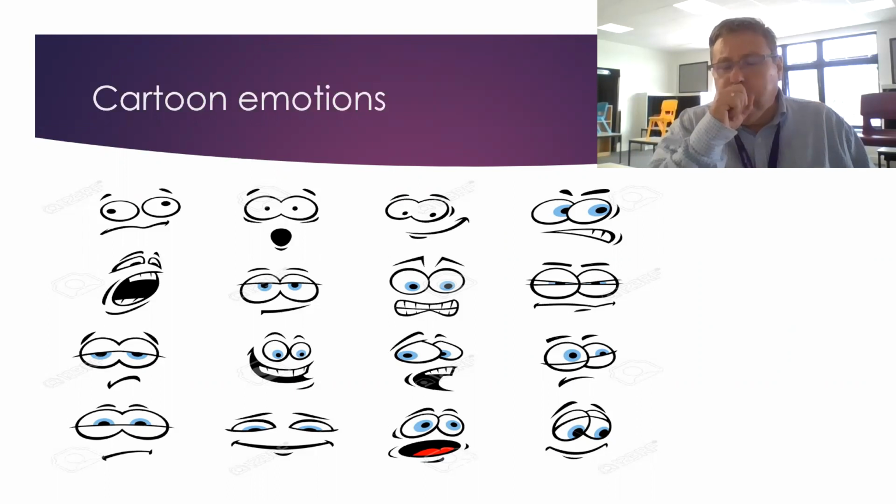So, what I want you to do is pause this video and work with somebody else to go through each of these illustrations, each of these cartoon emotions, and tell them what you think each emotion stands for. So what each character in these cartoons is thinking. So pause the video now and see if you can work out what each of these characters might be thinking or feeling, or what emotion they are showing.